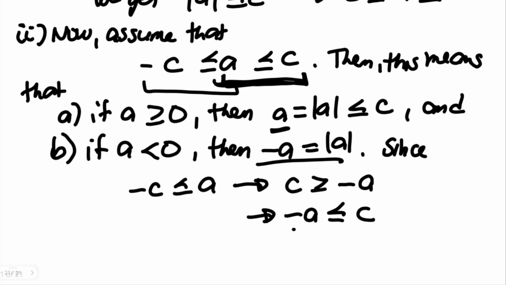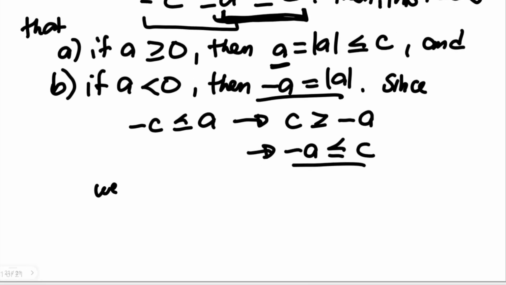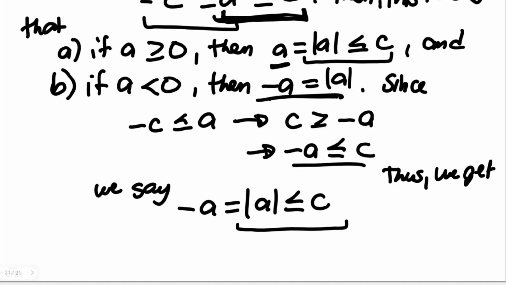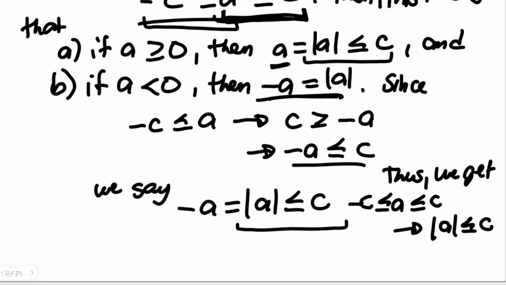Then from this and here, we can say that negative A, which is equal to the absolute value of A, is less than or equal to C. Now taking into consideration only this, which are both part of our portion earlier, we get that A greater than or equal to negative C, but less than or equal to C, results in the absolute value of A less than or equal to C for both scenarios.